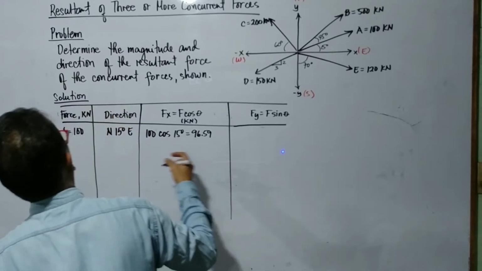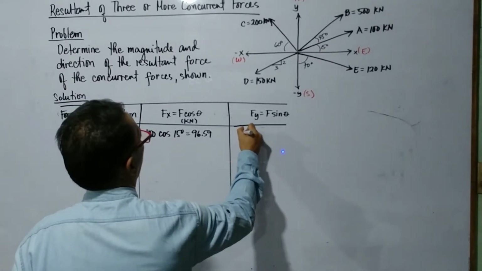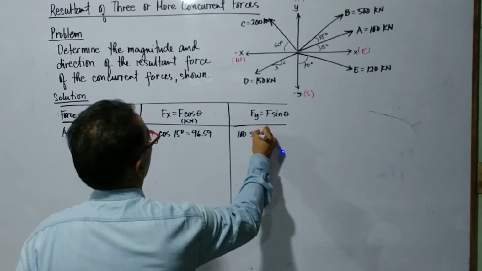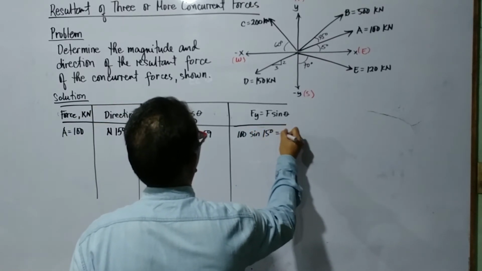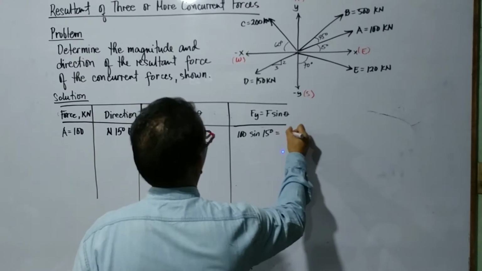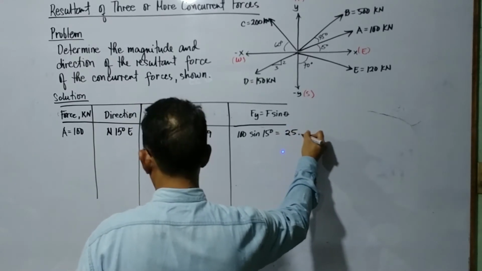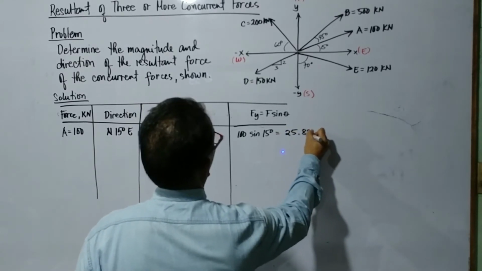For the Fy, we have 100 sine 15 degrees, or we have 25.88.